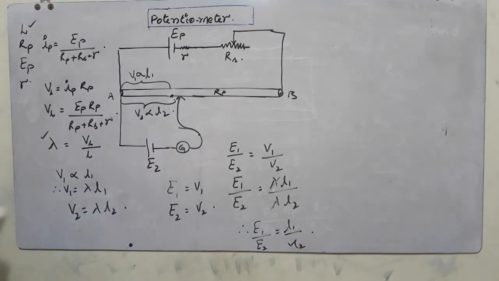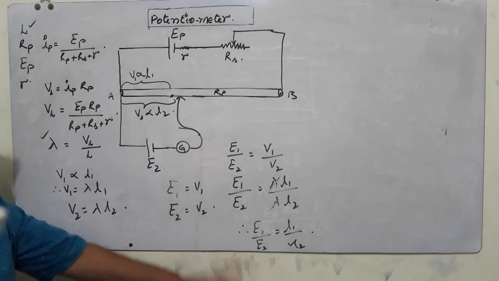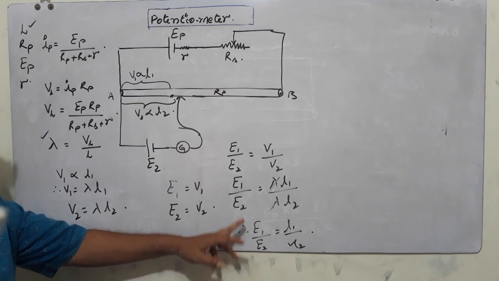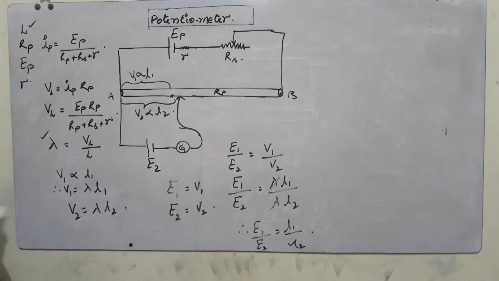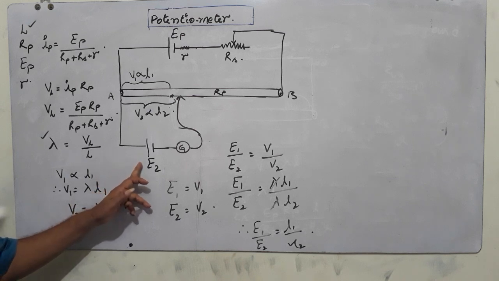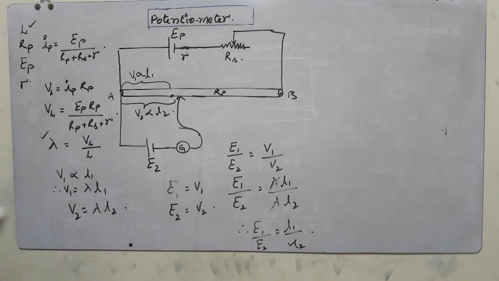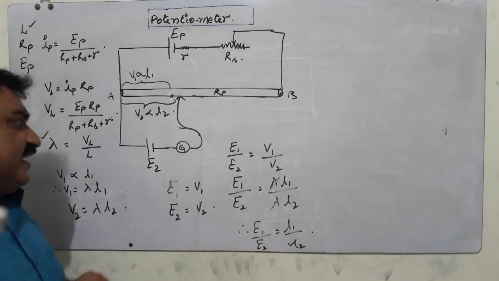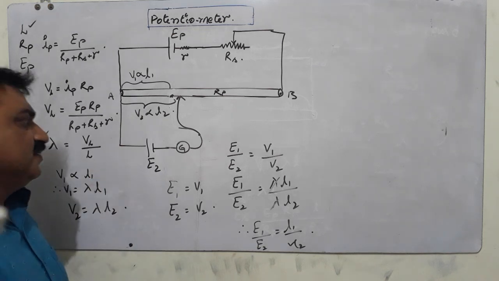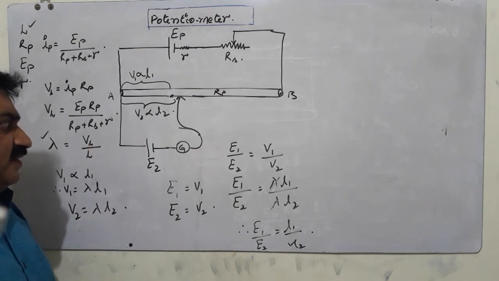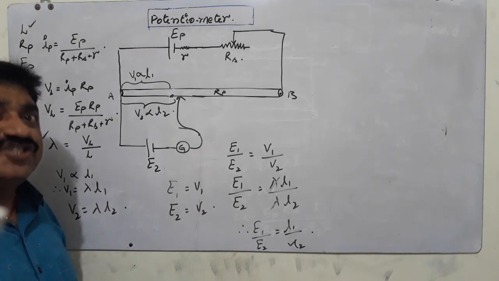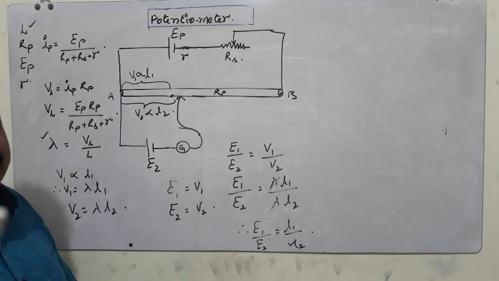In this way, by knowing the balancing lengths, we can compare the ratio of EMFs of different cells which are connected in this potentiometer secondary circuit. The same cells can also be connected at a time. That method is the supporting and opposing method.